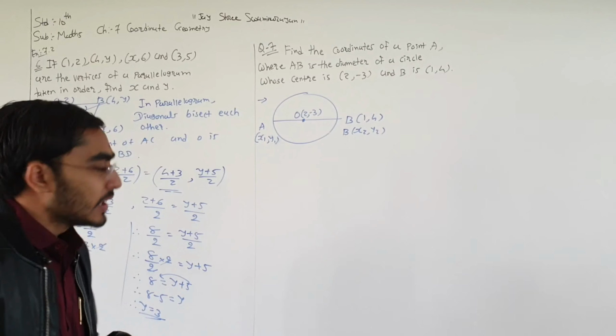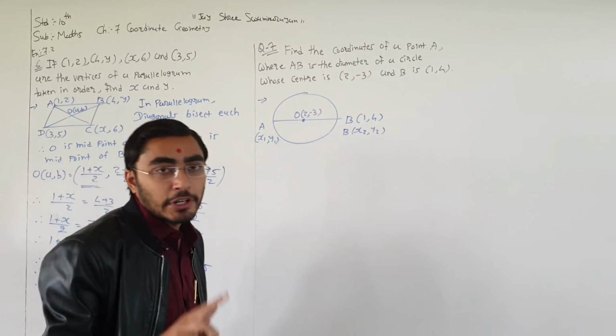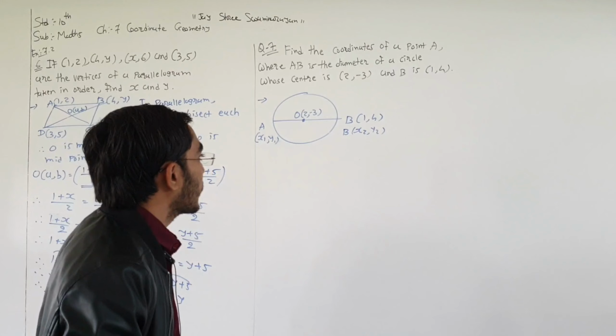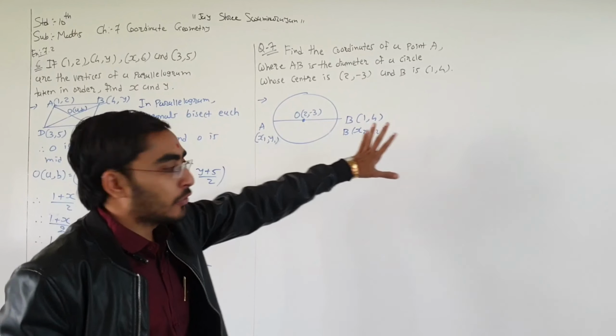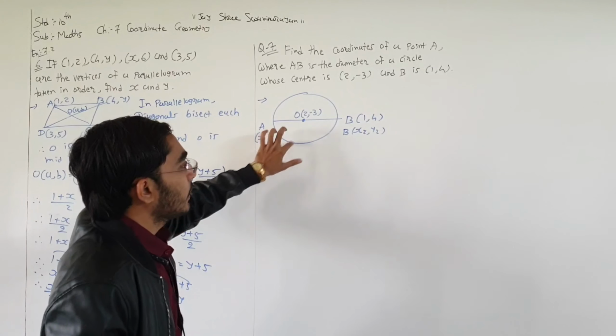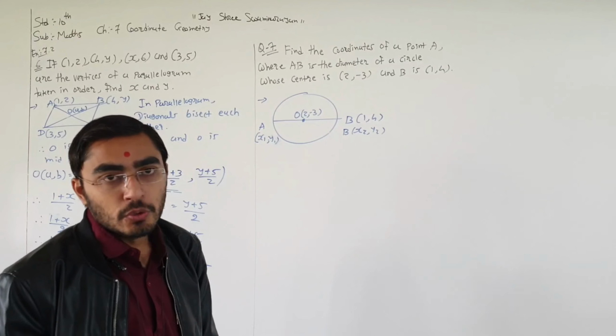Okay. We have one circle. AB is a diameter, and a diameter always passes through the center O. So A is (x1, y1) that we need to find. B is given to us as (1, 4) and O is (2, minus 3).